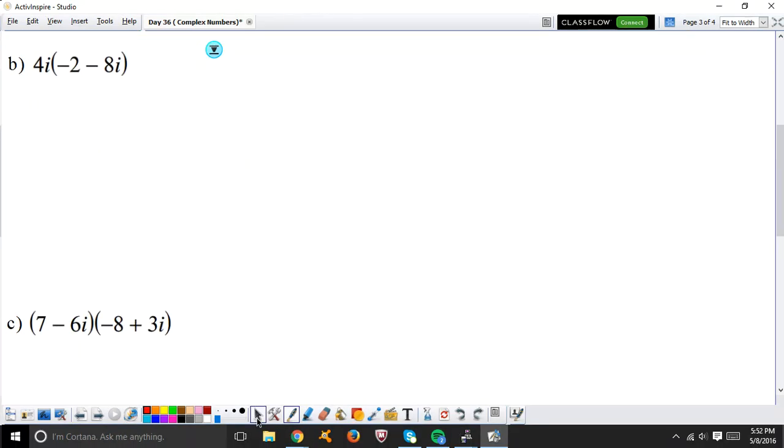Example 4. Same idea. You're multiplying, so that's okay. You follow the same rules. So 4i times -2, that's equals to -8i. When you have it in this form, you always multiply coefficients. So 4 times -2, so that's -8.